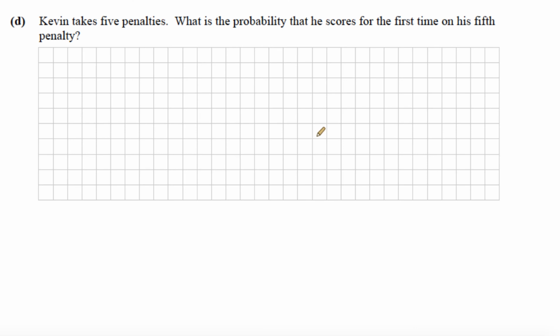Okay, and finally, Kevin takes 5 penalties. What is the probability that he scores for the first time on his 5th penalty? Well, if he scores first on his 5th, that means it's a miss with the first, miss with the second, miss with the third, miss with the fourth, and then a score on the 5th. So it's the probability of miss and miss and miss and miss and score. And remember, and is linked to the multiply sign.